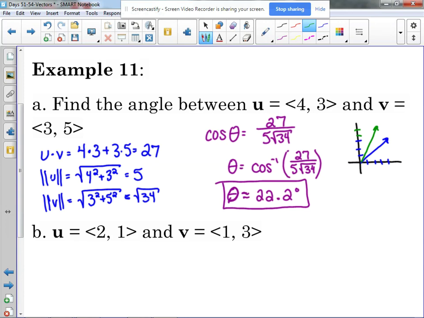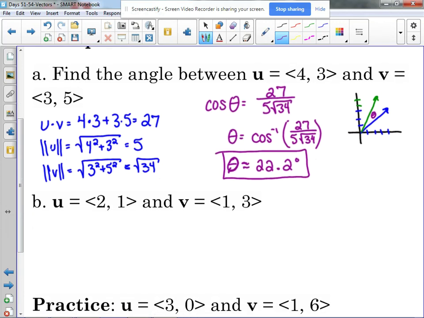Okay, so that's fairly to scale. So really what we're solving for is that angle right there in between those two vectors. 22, yeah, that looks pretty close. The main thing that I wanted to see was how far apart are they? If they're fairly close, then 22 seems like a pretty reasonable conclusion.